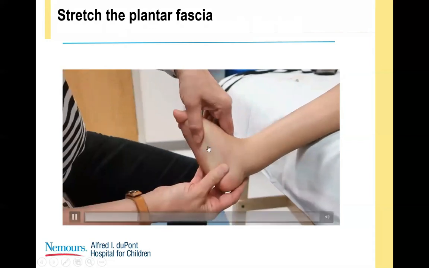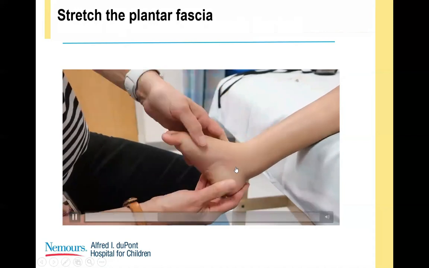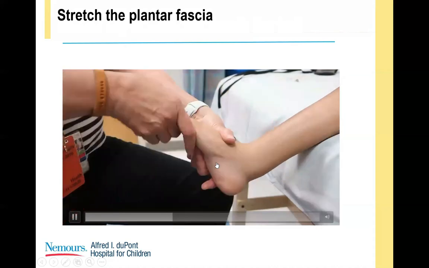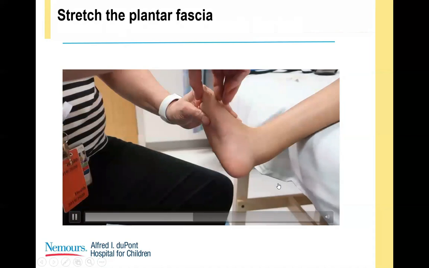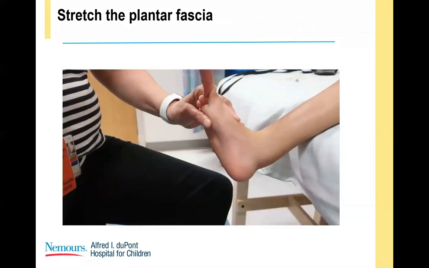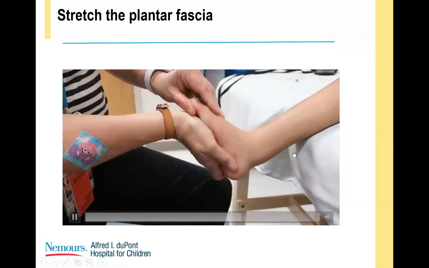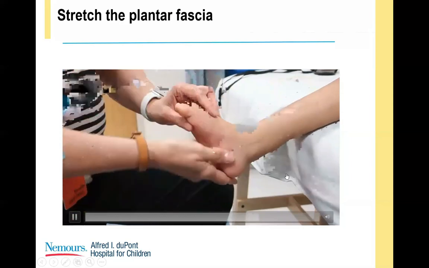And you can see she kind of blanches out, and you can almost see the tendon pop a little bit. And I actually want that to happen. I want to get a good stretch on it, and then I bring the big toe into the stretch so I get the foot as flat as possible, and then I stretch the big toe up because I want to stretch that plantar fascia.